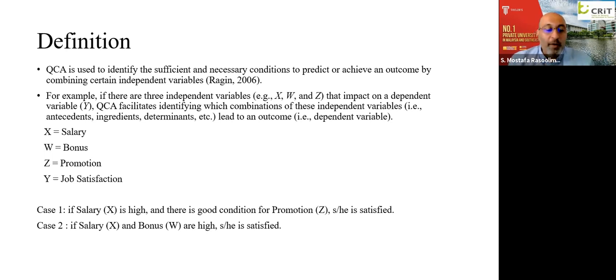So when we go to our respondents, in case one, we get this answer: if salary, the X variable, is high, and there is a good condition for promotion, I'm satisfied with my job in this company. So the first respondent says, okay, X salary and Z promotion are the two important factors for me to be satisfied.